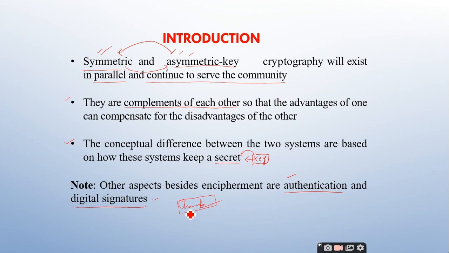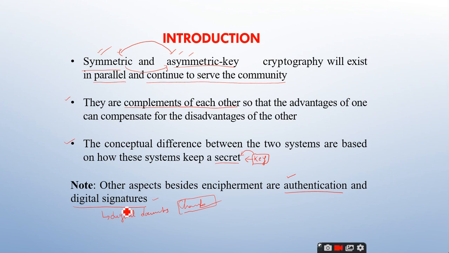Like that, in order to validate that the document has been sent by the correct, genuine user only, they have introduced the concept of digital signatures, and this is used exclusively for digital documents. You can create a document and put your digital signature so that the receiver will come to know that this is the exact document sent by the original user only.